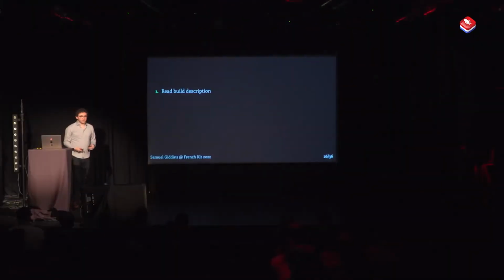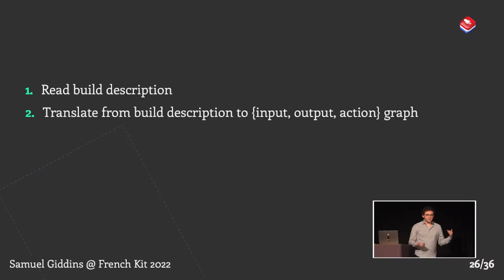So, okay, we have our build systems, and we want to execute a build with them. Step one is we have to figure out what's going on in the build. We need to read the build description, interpret it, and then translate it into a graph that describes inputs, outputs, and actions. Inputs and outputs you can think of as files.